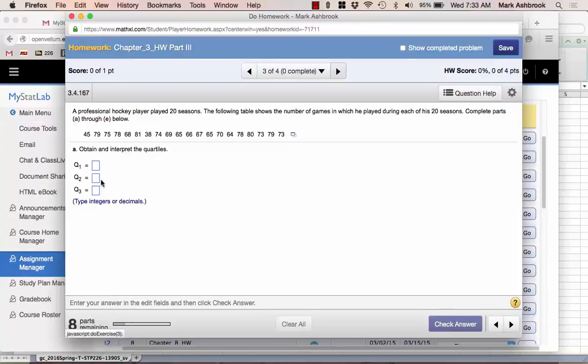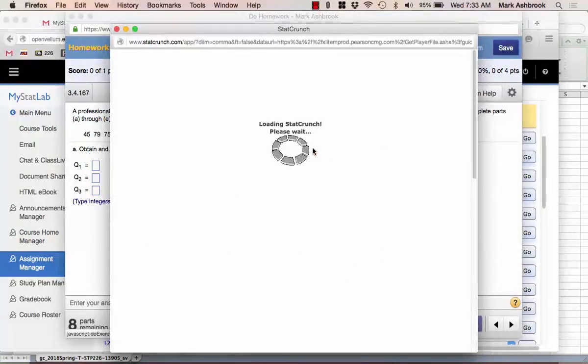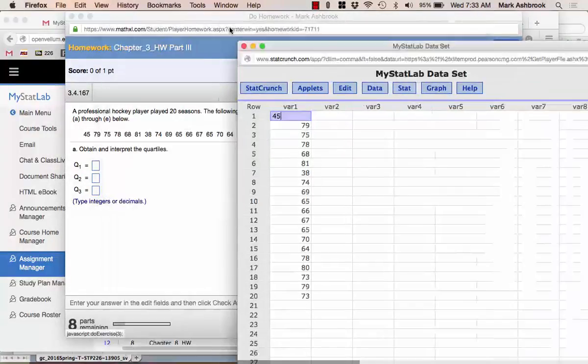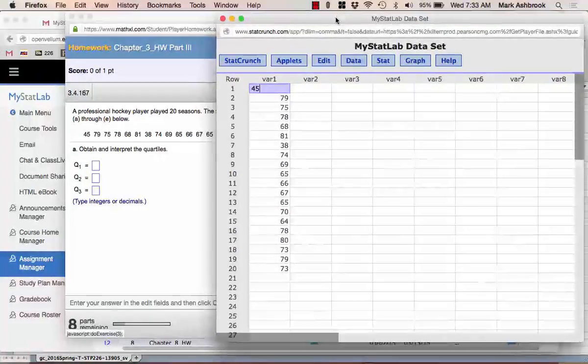So we'll just go ahead and go to StatCrunch. Mine is up and running now. But probably for this course, Excel will do everything you need.